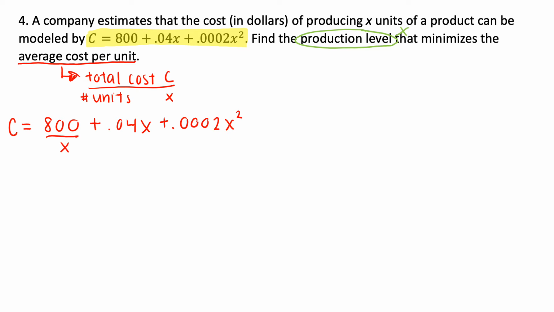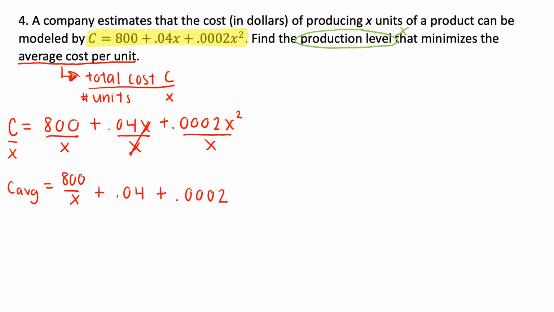So let's divide everything by x. So our average cost is equal to 800 over x plus 0.04, the x's cancel, plus 0.0002, x squared over x just gives us x. So here's our equation that we want to minimize.